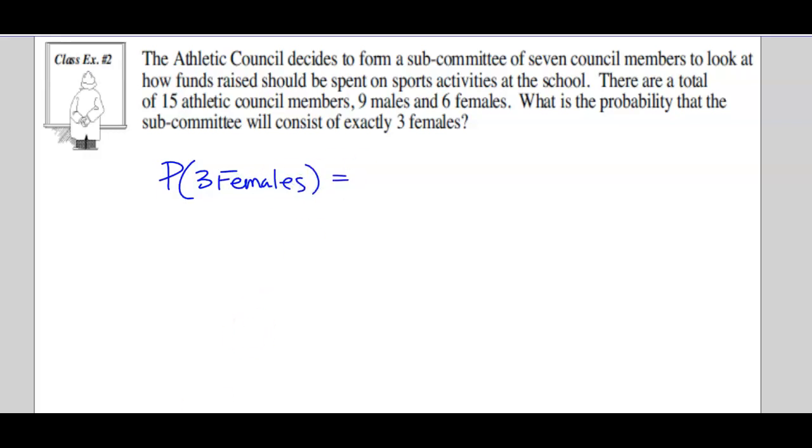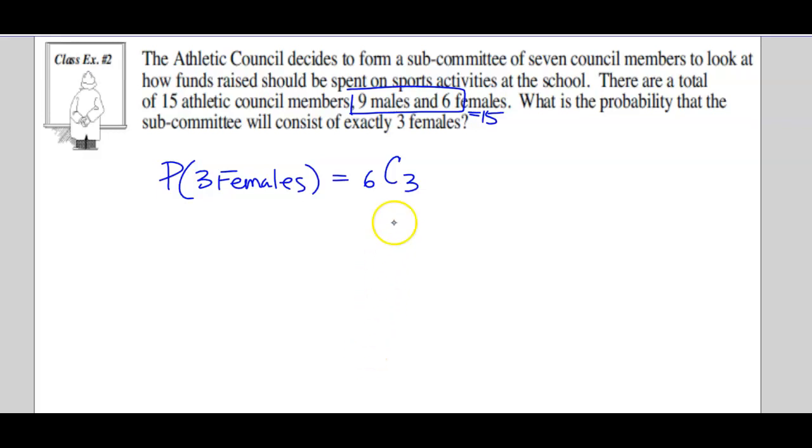We've got 6 females to choose 3. We want exactly 3 females, and the subcommittee has to have 7 people in it. Total of 15.